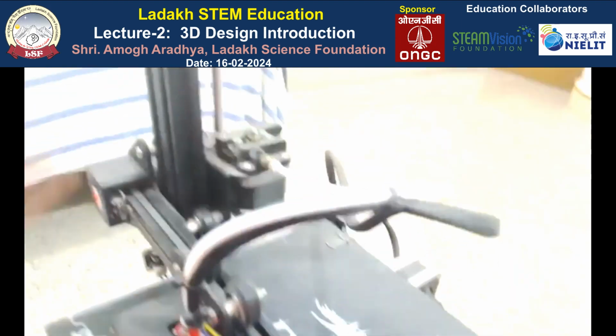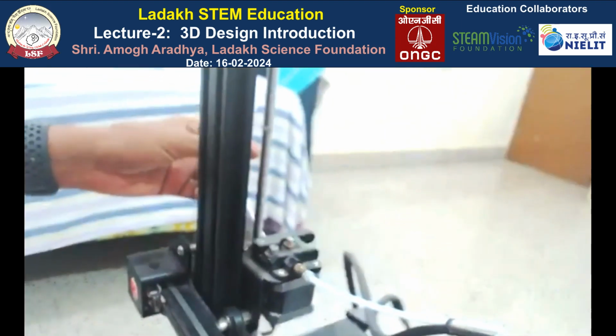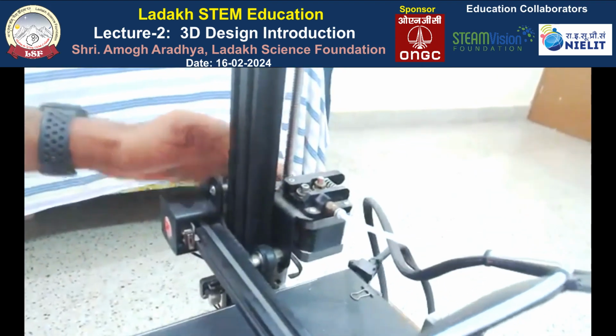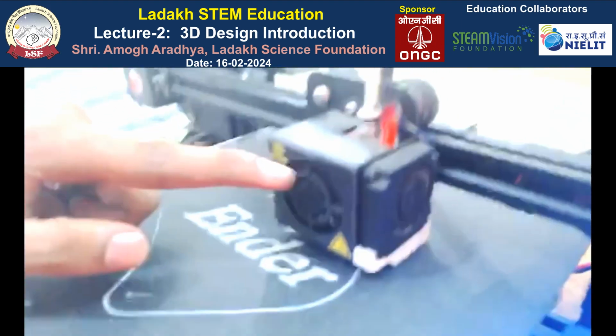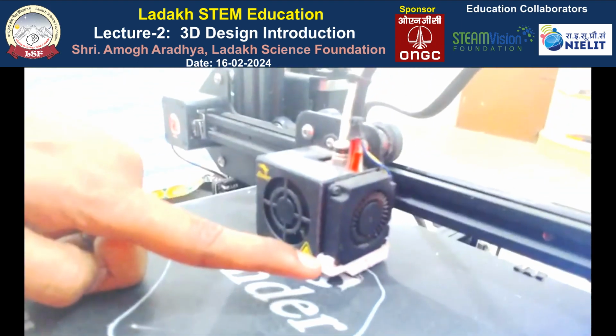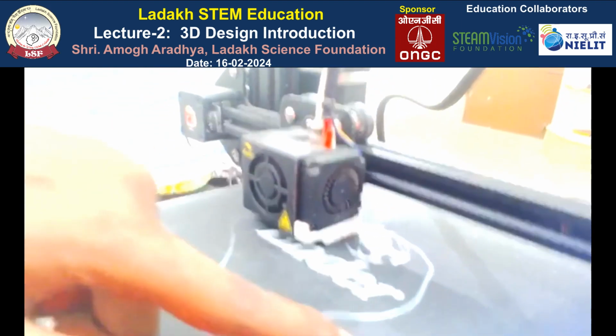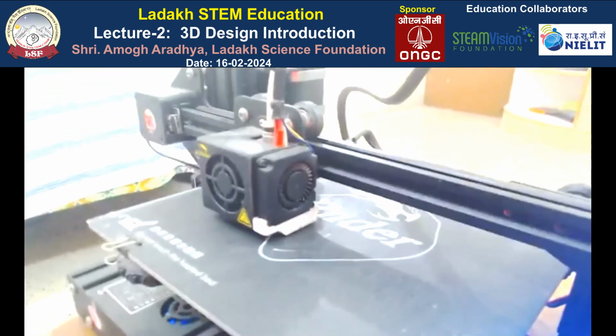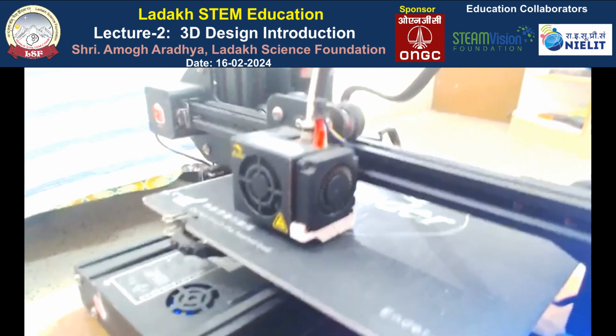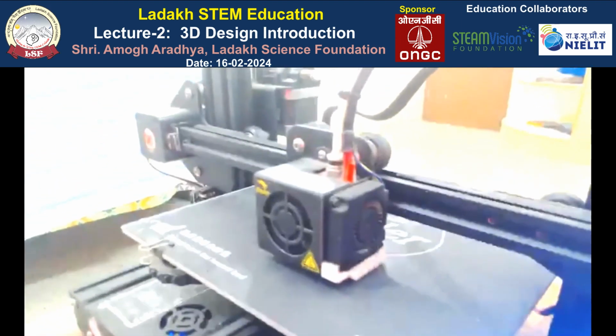And the filament is being pushed through this extruder, which is going through this pipe and which is coming here, melting and depositing on the build plate. So this is how FDM 3D printing works. And this part is going to take some time.